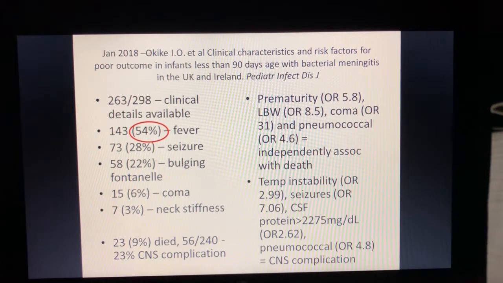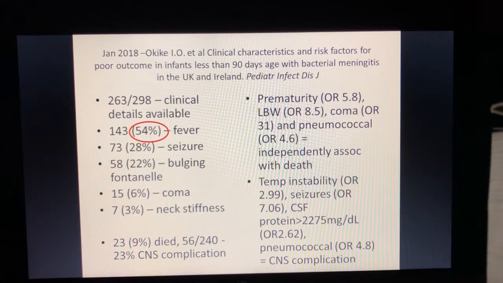The right-hand column shows the odds ratios of mortality and what factors predicted mortality.